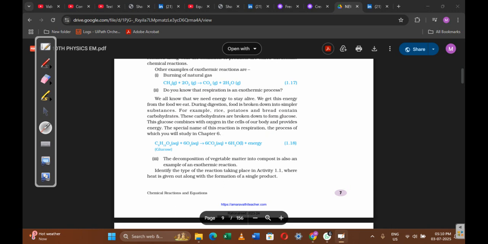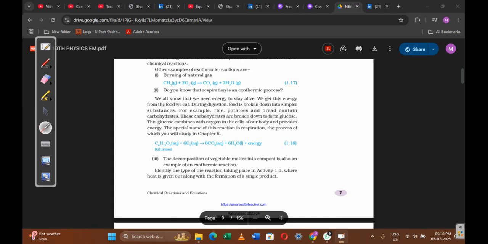Yes, respiration is an exothermic reaction. How do you justify this? Respiration is an exothermic reaction. When we take food, this food has carbohydrates. When we inhale oxygen, these carbohydrates react with the oxygen and release heat energy.